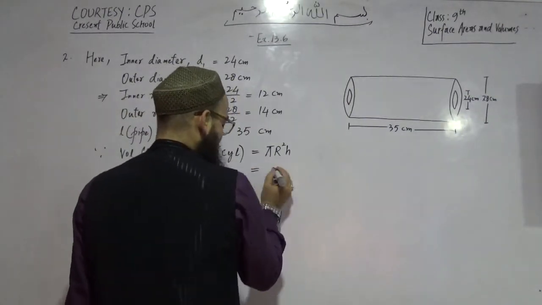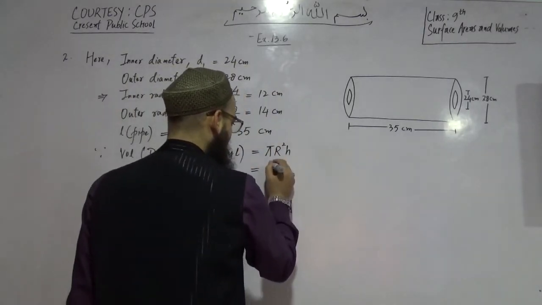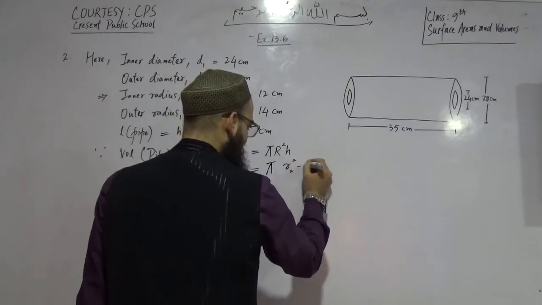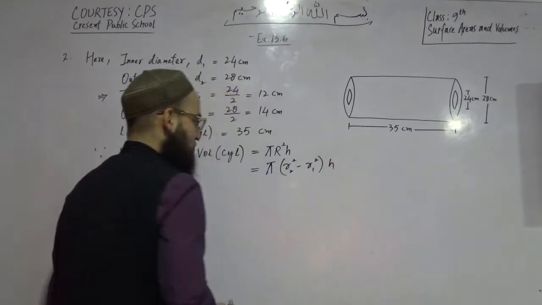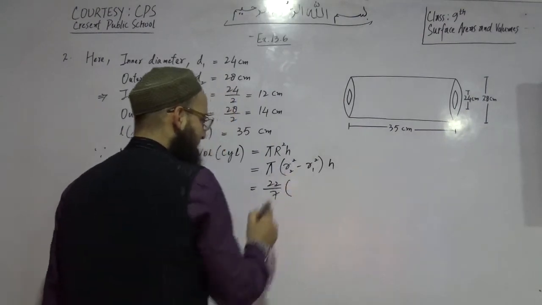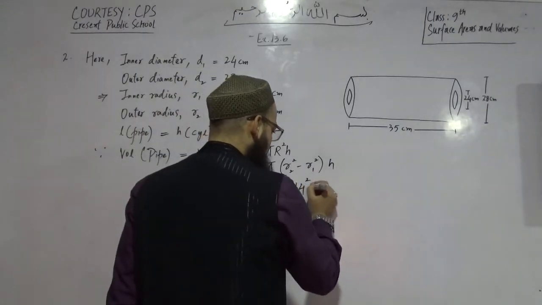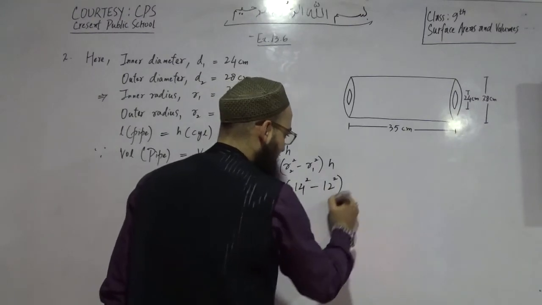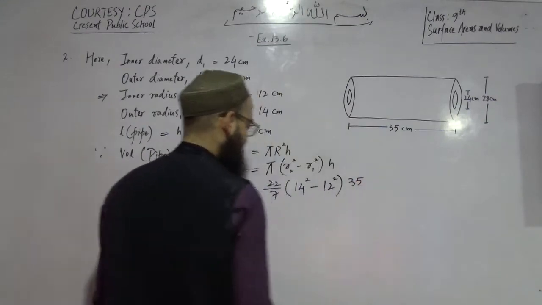Now you can substitute. Pi is 22 by 7. So it's like this: pi times r outer square minus inner square, then times h. Then you have 22 by 7 times 14 square minus 12 square, then times h, which is 35.